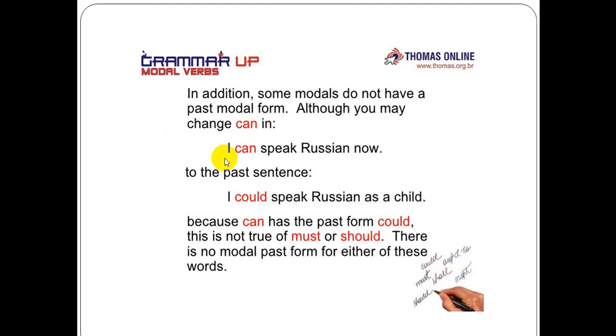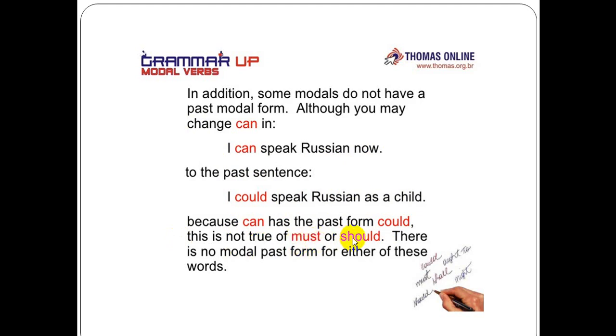Here we have, for example, I can speak Russian now. The past sentence: I could speak Russian as a child. Can in the present or future, could in the past. So here, because can has the past form could. This is not true of must or should.